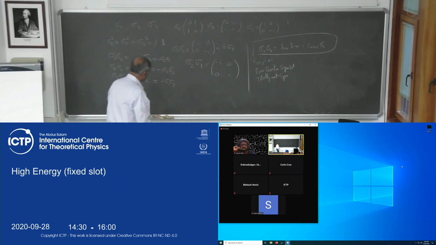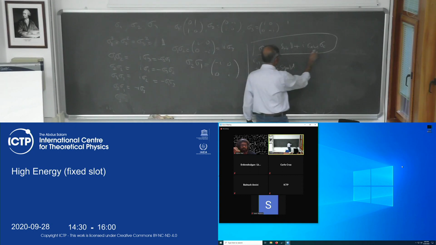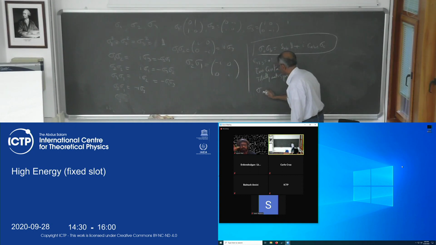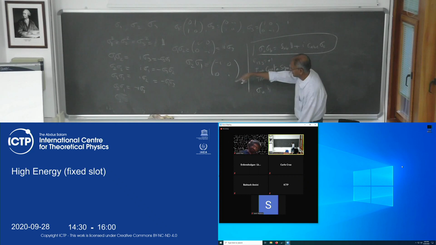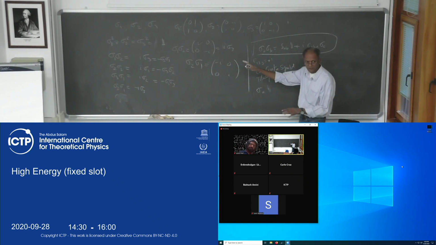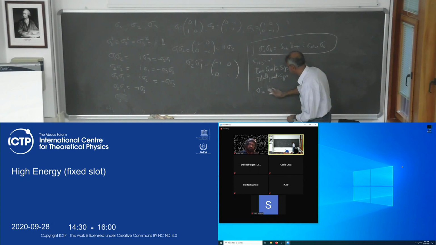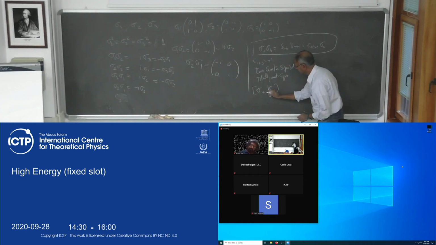However, there is something which follows from this equation. Suppose I take the commutator, sigma A, sigma B. Please check it, in case you have not seen it already in your courses. Please go through this calculation just to check it. There's a notion of a commutator.